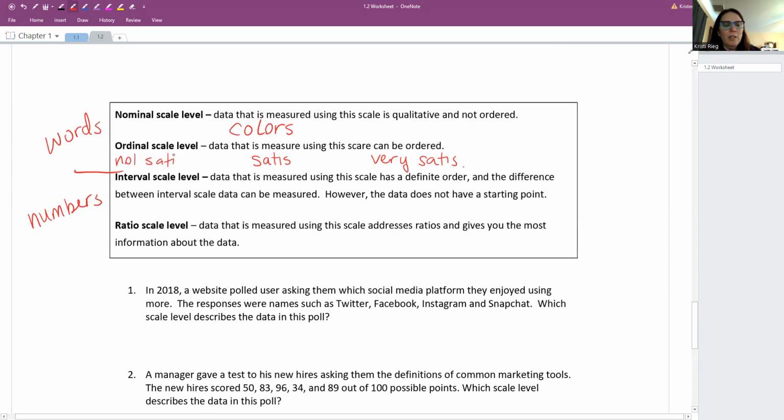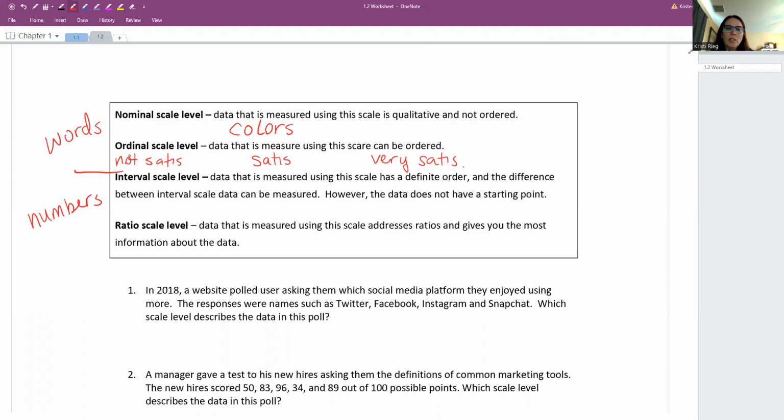You know what I'm talking about? You've seen these a billion times. Usually there are five words in there, and you rank the different qualities of the restaurant. Well, now we have words that mean something, because one of those words is the best. I want you to be very satisfied at my restaurant. I don't want you to choose not satisfied. Not satisfied is bad. Very satisfied is good.